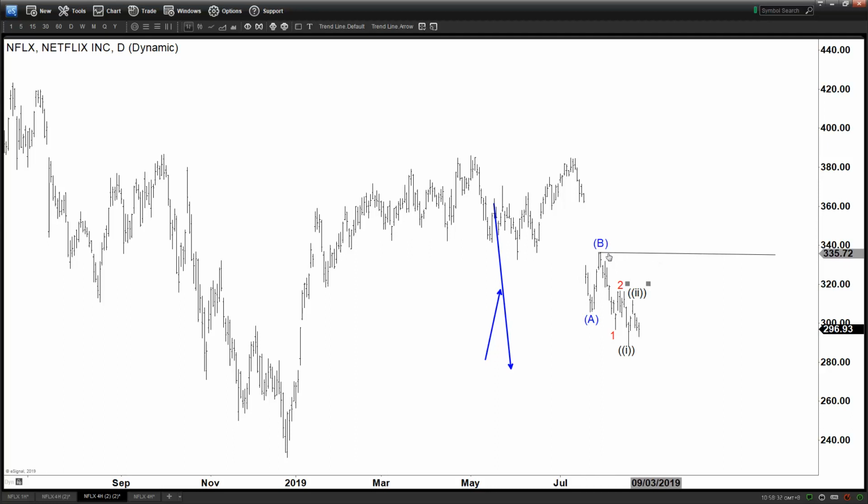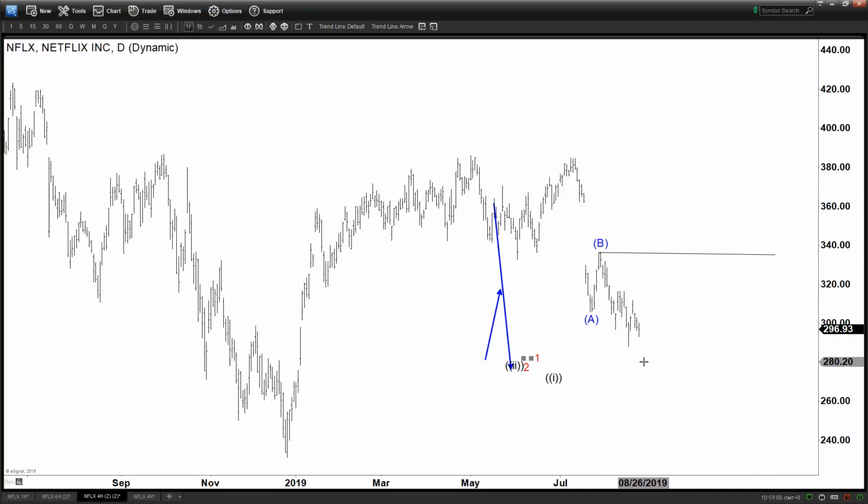But I think the more important level actually is this level here, which is the 338, which is the more important level not to be broken in order for us to get more downside. Now no question asked though, since the initial sell-off, the next sell-off has been kind of choppy, right? There is no question on that. So it's a little bit overlapping, a little bit choppy, but we need to gain momentum soon if we are really going to extend lower in the Netflix right here.